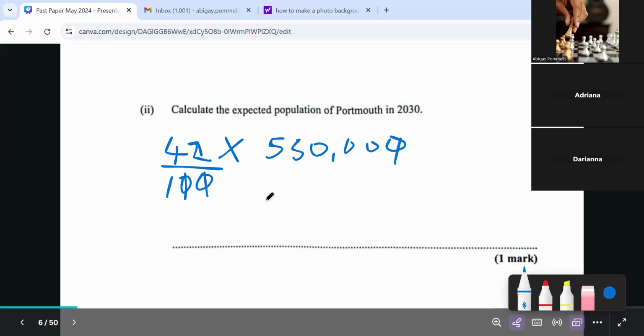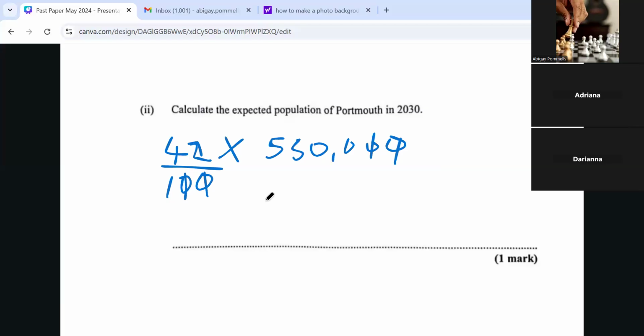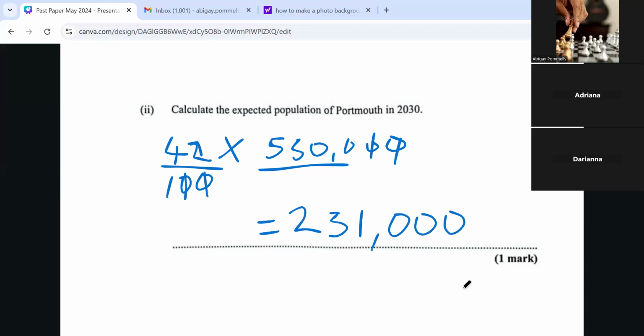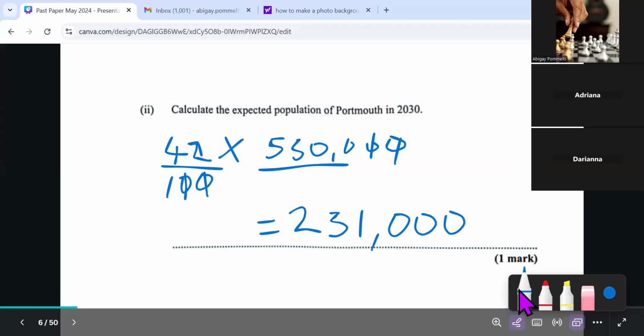That's cancel 2 zeros out of here. And then just use your calculator and multiply the 42. And what is left over here? The answer will be 42 times 5500 equals 231,000. Moving on next.